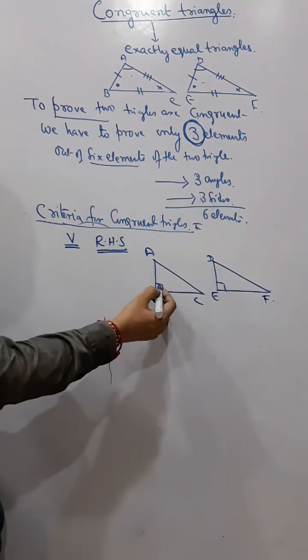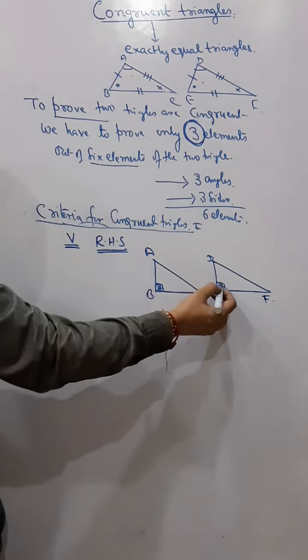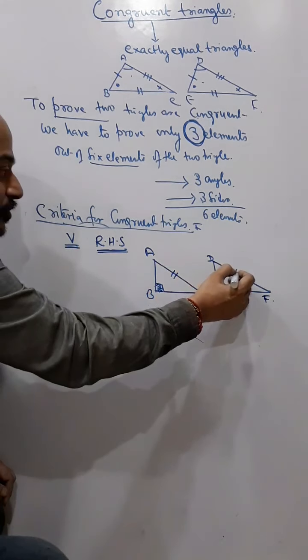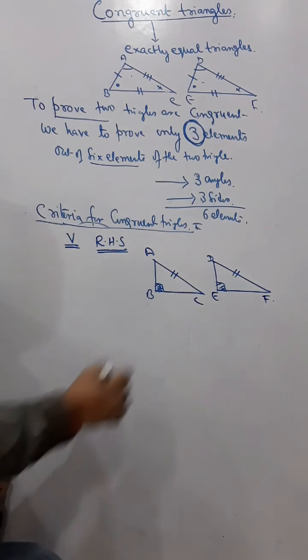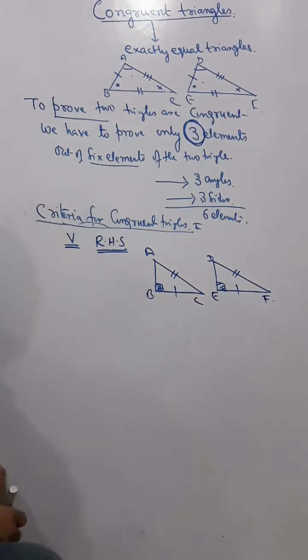In a right angle triangle, one angle is equal, that is 90 degrees, so that is the right angle. Now if the hypotenuses are also equal and one side is also equal, in that case we say that the triangles are congruent.